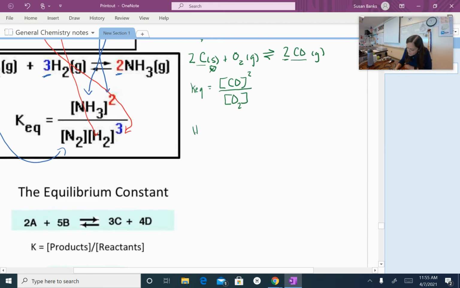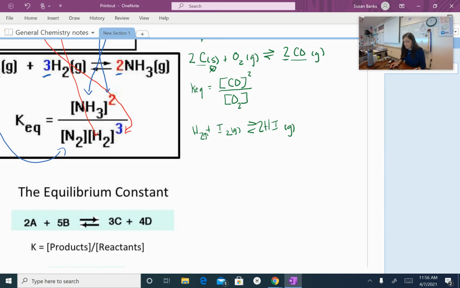I've got hydrogen gas plus iodine gas, and I should put the gases here, going back and forth to make hydrogen iodide gas, and I'm going to need 2 of these to balance this out. Take a minute and write your equilibrium expression. Remember, products go on top, coefficients become exponents, and reactants go on bottom, and once again, coefficients become exponents. Okay, take a minute.